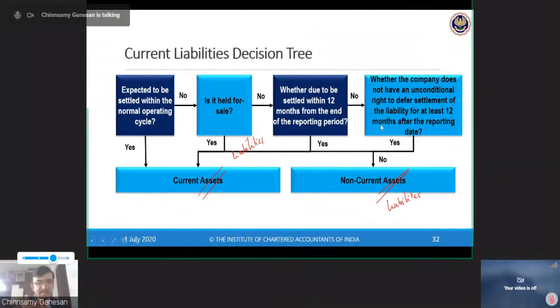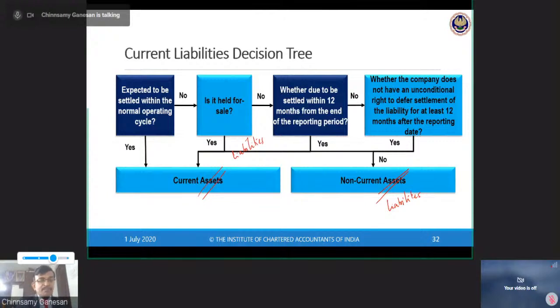Then the next condition is whether the company has an unconditional right to defer settlement beyond 12 months. Yes, as per the terms and conditions, 5 years is the repayment period and the first 1 year is a moratorium. Accordingly, I have an unconditional right to defer settlement beyond 12 months.